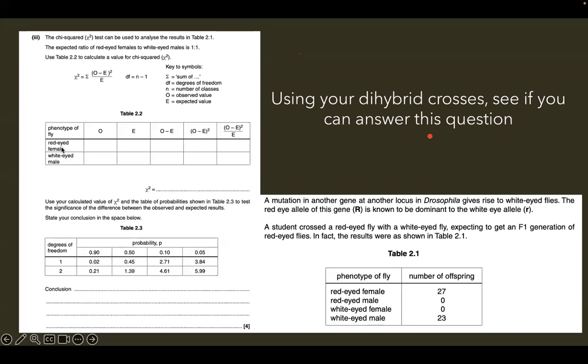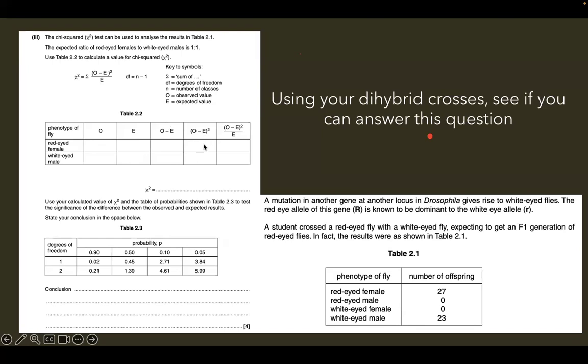So they've only set it up for the red-eyed female and the white-eyed male. And it's also told us at the top of this question, which could be quite easily missed, the expected ratio of red-eyed females to white-eyed females is 1:1. Okay, so think about how that influences our expected values here, okay?